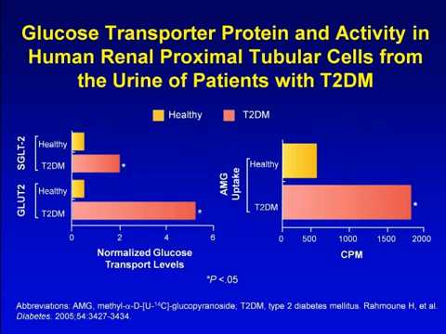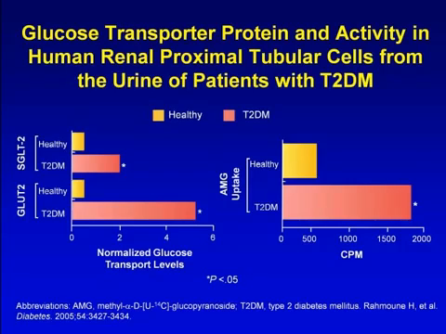We can see why this may be so. If you look at the glucose transporter protein and activity in human renal proximal tubular cells from the urine of patients with type 2 diabetes, you will see that there is a large increase in the expression of the protein. Also, the activity of the protein is many times that of a healthy person.